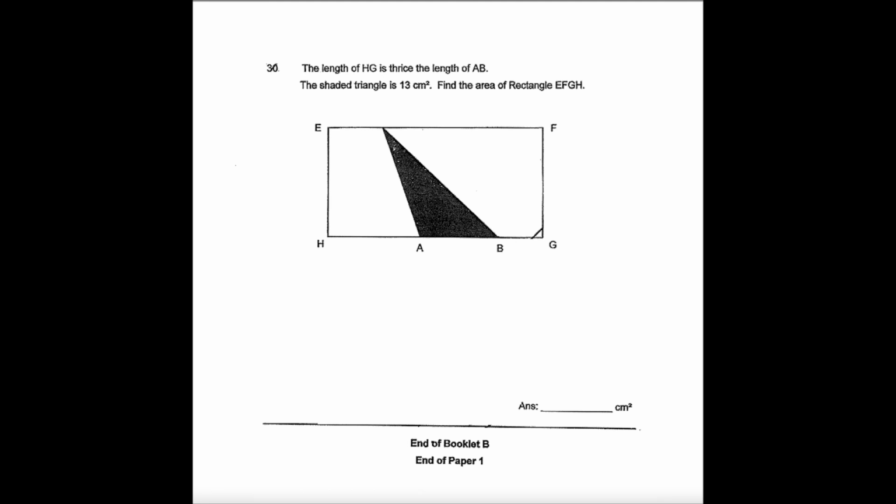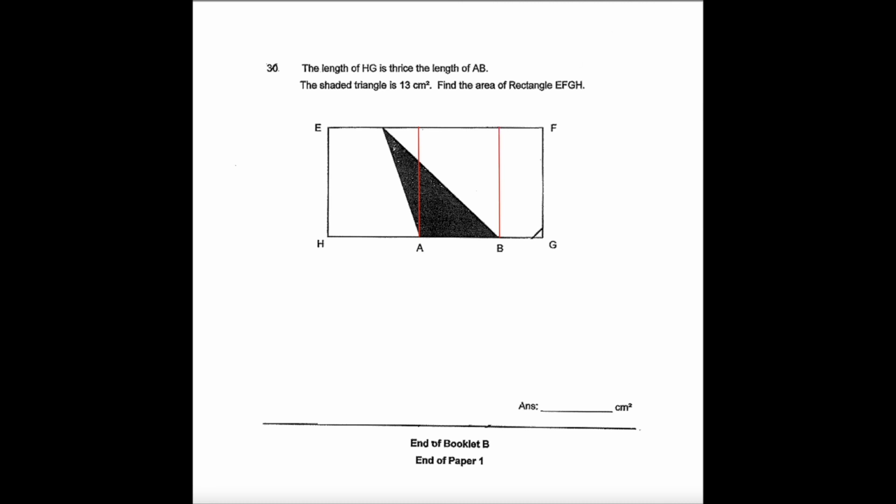So with all that said, the area of this is 13, correct? So if I were to draw a rectangle, because my base is AB, so my rectangle will be, from AB I draw up, and from B I also have to draw up.